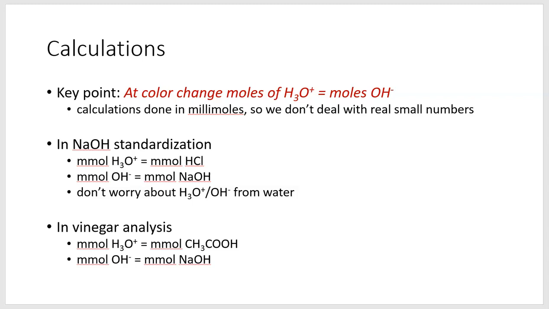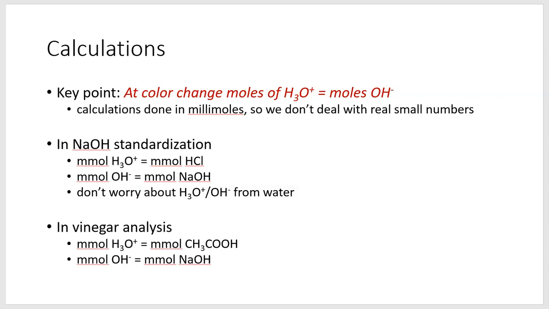Or I could write down 0.0050 meters, and that would be the same distance, but I have to keep writing down all those zeros before the 5. It's easier if we just work in millimeters, and similarly, sometimes it's easier to work in millimoles. I'll talk a little bit about how we do that on the next slide.